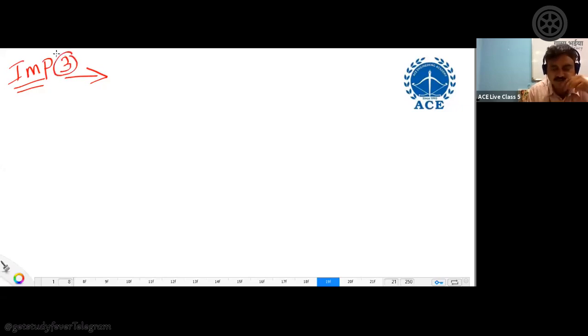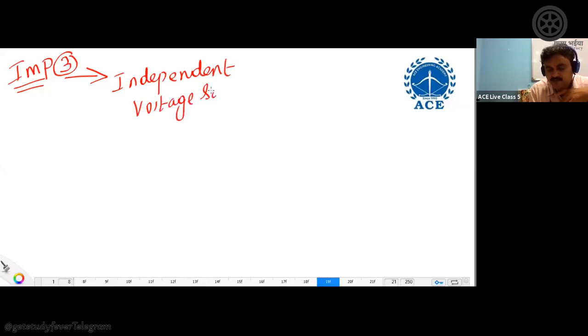What this point says is, if you have independent voltage sources, if at all a requirement comes in solving any question, we can replace them by a short circuit.